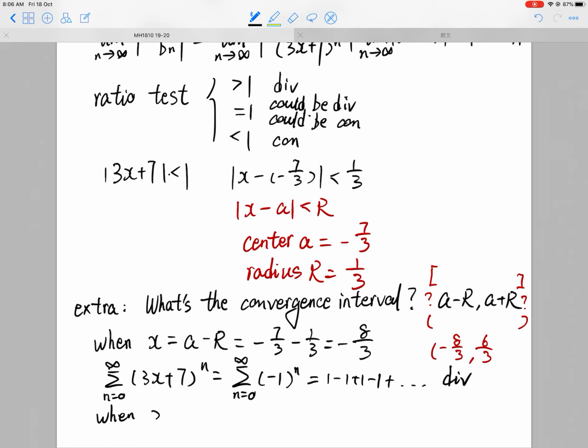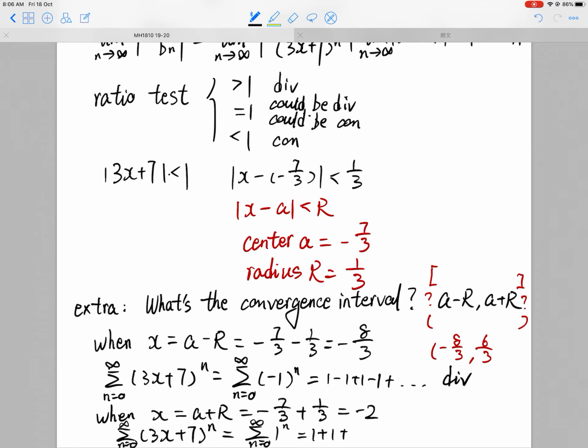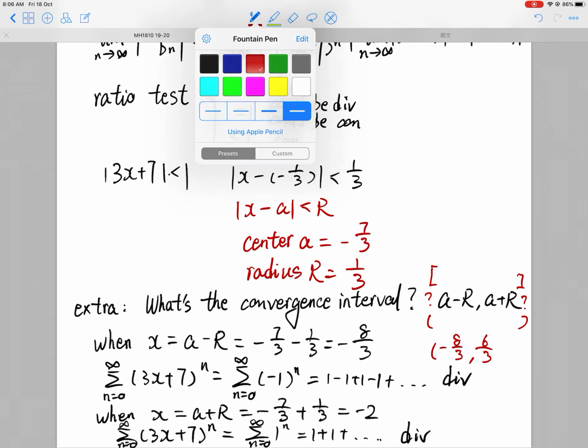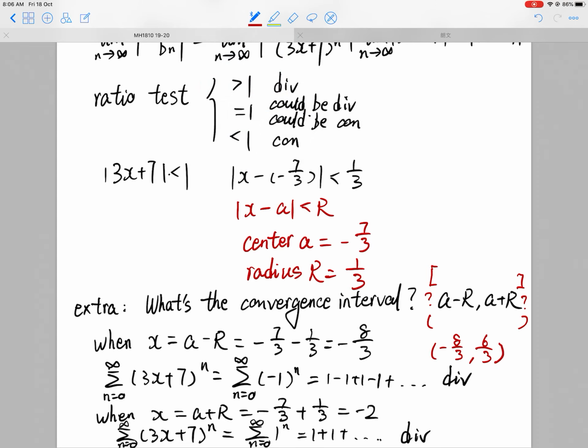When x is a plus r, then (3x + 7)^n, the sum from n = 0 to infinity, is 1^n. It will be 1 plus 1 plus 1 forever, so of course it's divergent. So this right side is also divergent and excluded. You use an open bracket, it's an open interval on the right.